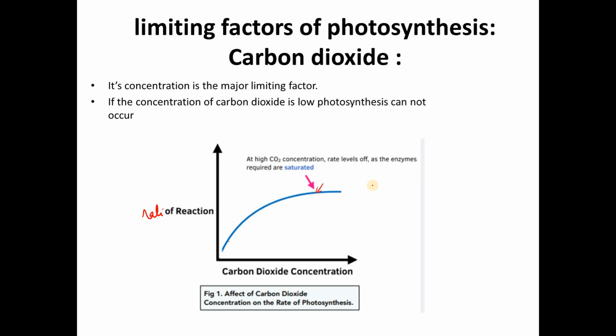For example, at this point we have not increased other parameters like light, chlorophyll, etc. This is how the limiting factor of CO2 looks. And it is true because, as we just discussed, CO2 plus water forms glucose, C6H12O6, plus oxygen. So carbon dioxide is a major component here.